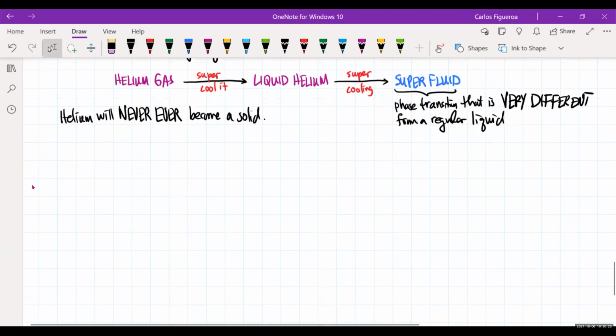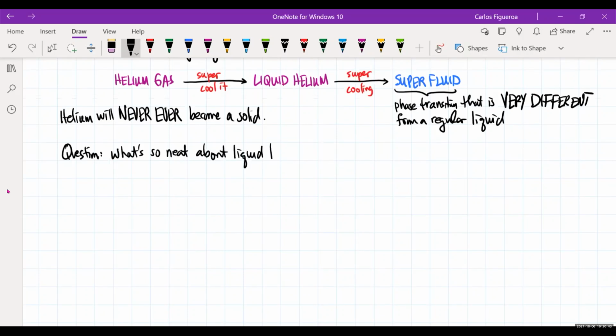So what we want to do here is, now I could start with a question to try to set it up. So what's so neat about liquid helium?